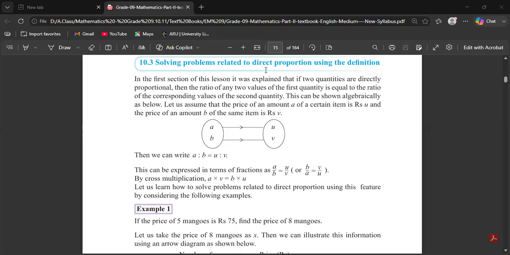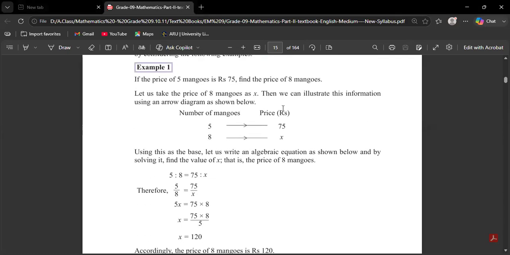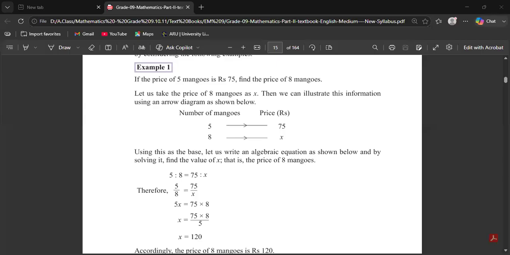Solving problems related to direct proportion using the definition. Okay. So in the first session, we talked about that one actually. If the price of 5 mangoes, okay, you can write this simple topic, then I'll show you how to do that.